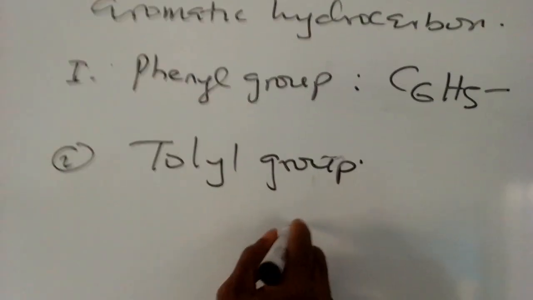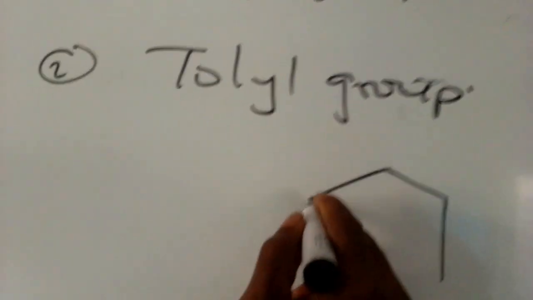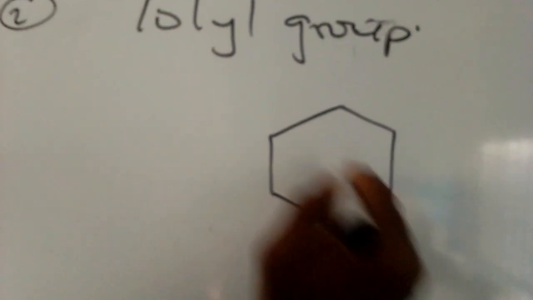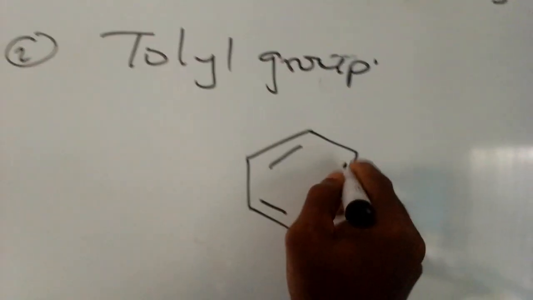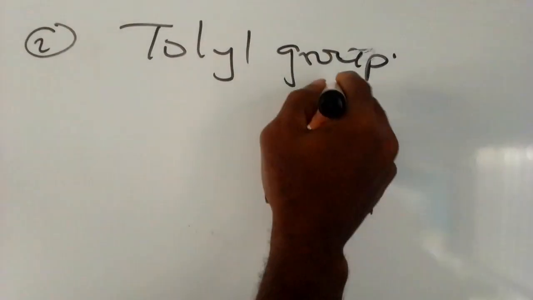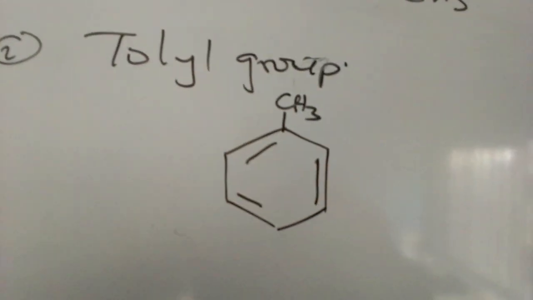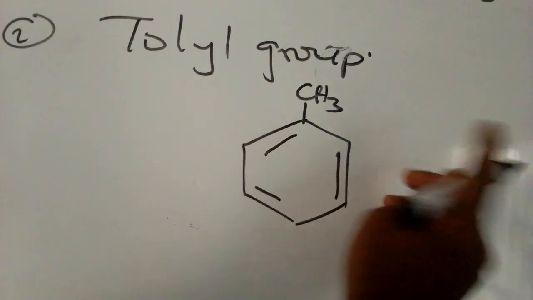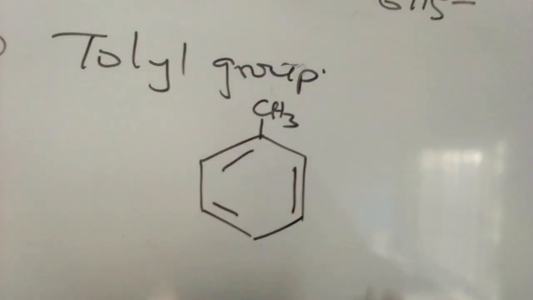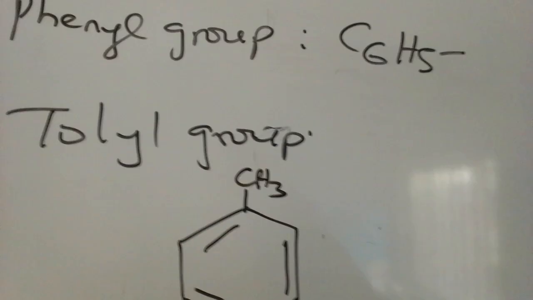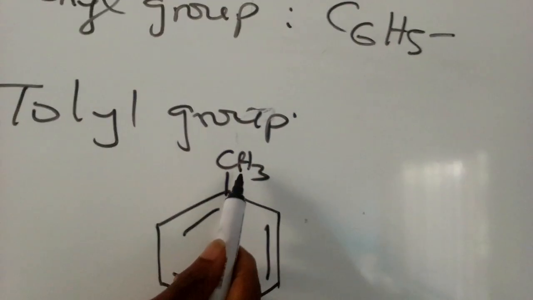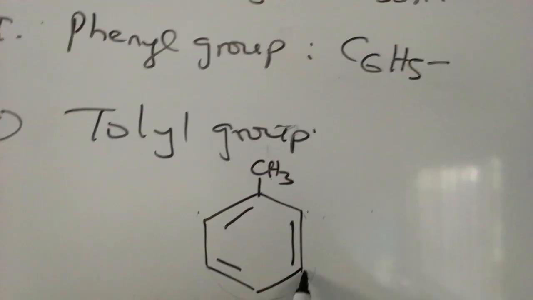Toluene is obtained when one hydrogen atom in benzene is substituted by a methyl group. This is toluene. So the toluene group will be obtained by removing hydrogen, not from the methyl group, but from the aromatic ring, from any of these positions.